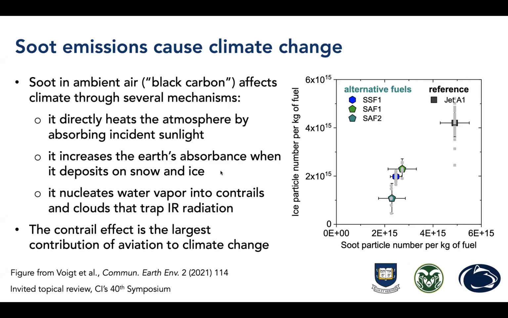It increases the Earth's absorption of energy when it's deposited on snow and ice. And relevant to this slide, it nucleates water vapor into contrails and clouds that trap IR radiation. And in terms of aviation fuels, this contrail effect is the largest contribution of aviation to climate change.